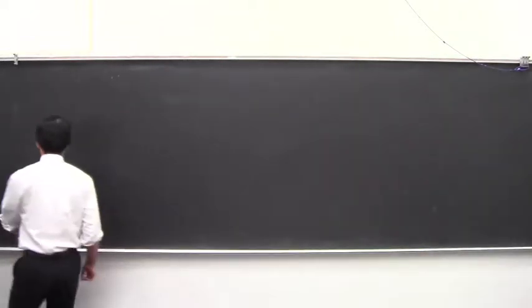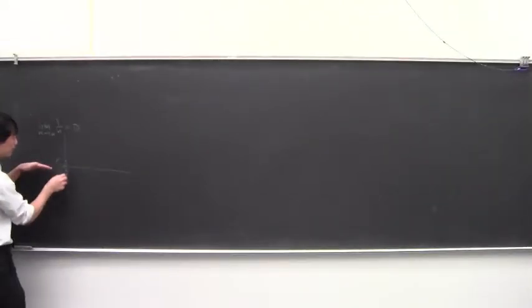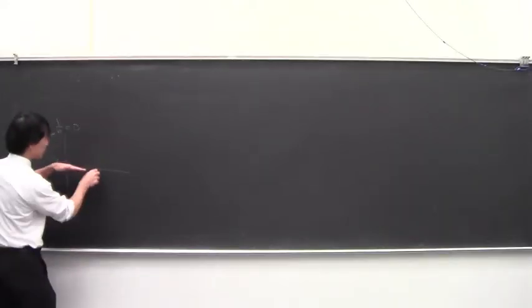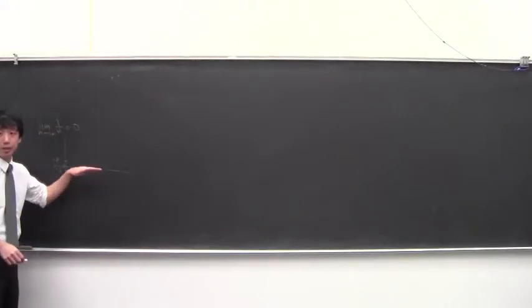Let me just do a very simple one. To show that the limit of 1 over n as n goes to infinity is 0, what that means is that given a tolerance around 0, right here is 0, there's a time past which everybody satisfies that tolerance.